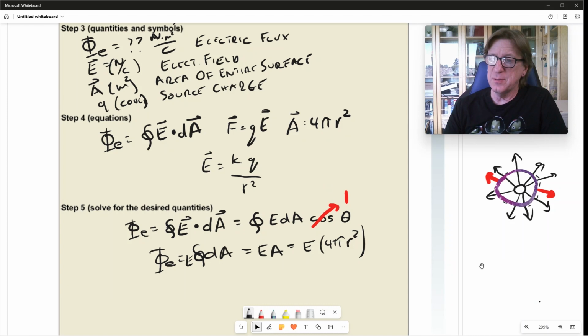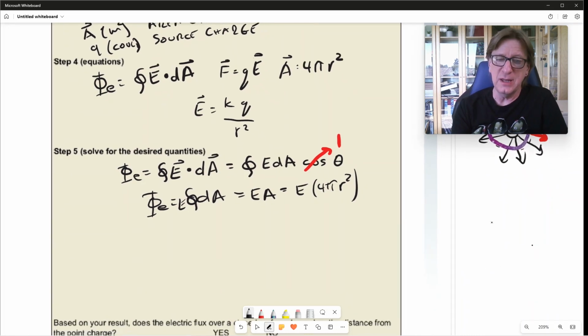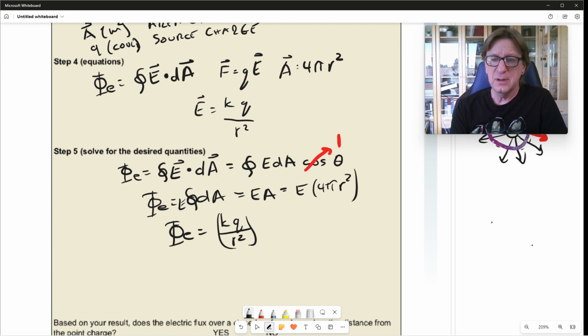So now I can come down here and plug that in for E, and I get that the electric flux is simply going to be KQ over r squared times 4 pi r squared. And that's very interesting. The r squareds cancel.